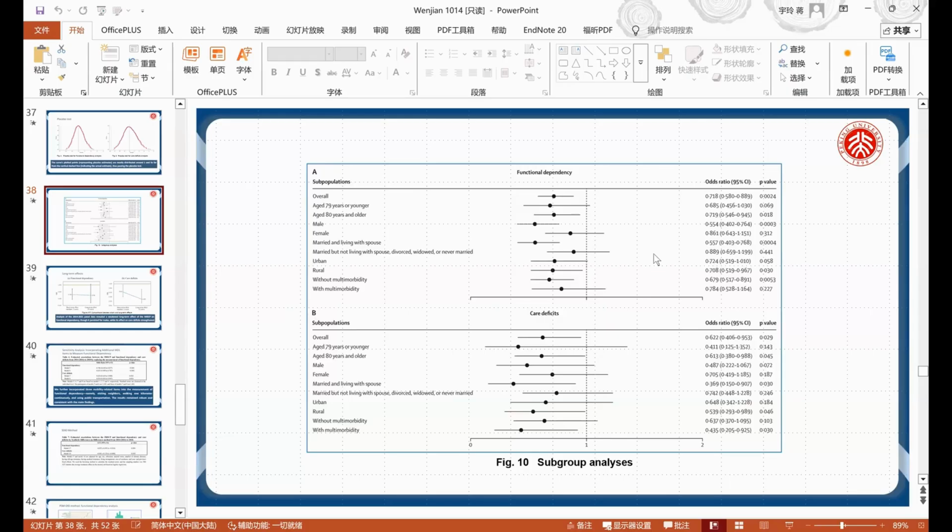And it's common sense that in rural areas the status of integrated care is poor, due to their socio-economic status. Thank you.